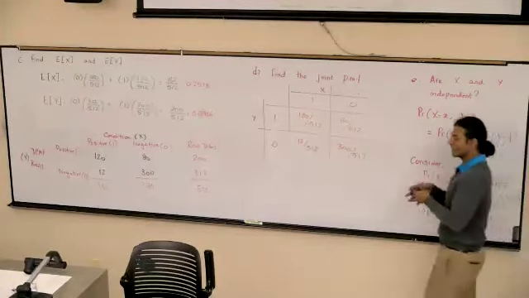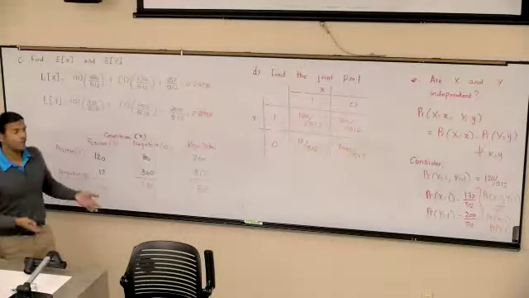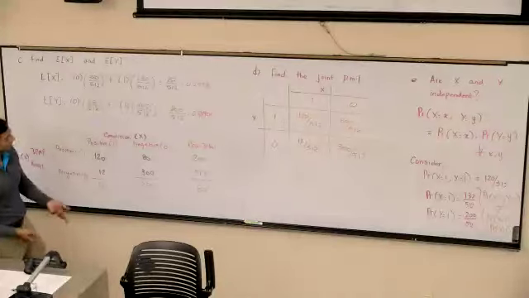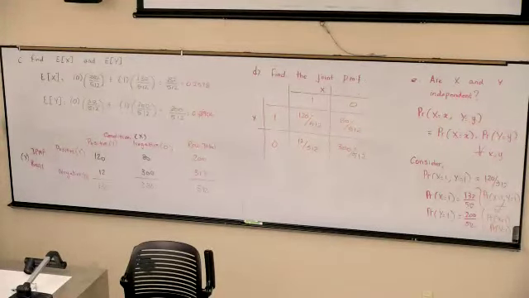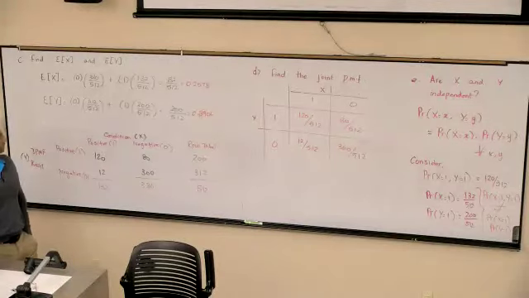The test has to have some relationship with the presence of the condition. So they have to be dependent. Are we clear? So we know they're dependent because those things aren't equal to each other? Yes. Okay.